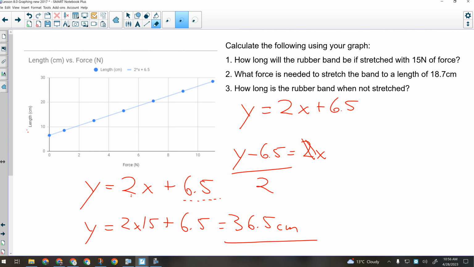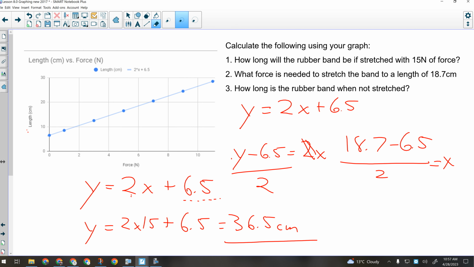Now I should be able to solve for what x is when y is 18.7. All I have to do is plug in 18.7 for y. Does this ring a bell from math class? I hope it does, because you're supposed to do it in math.